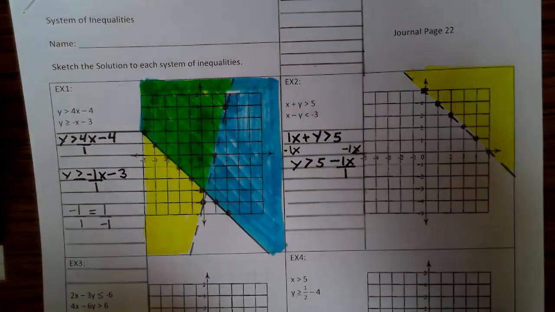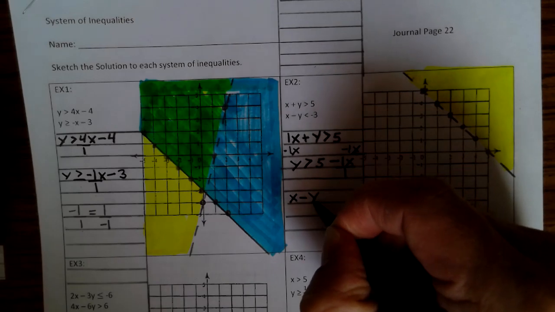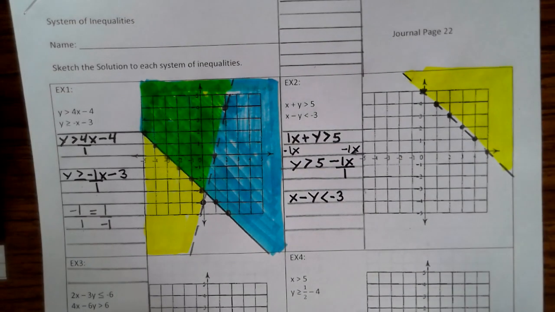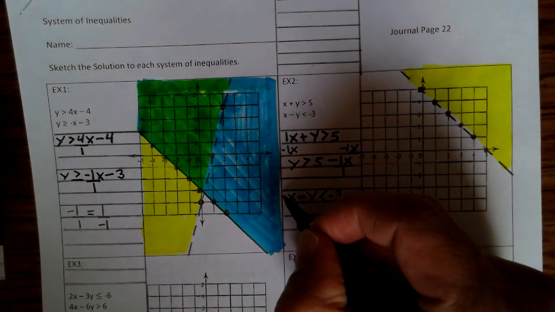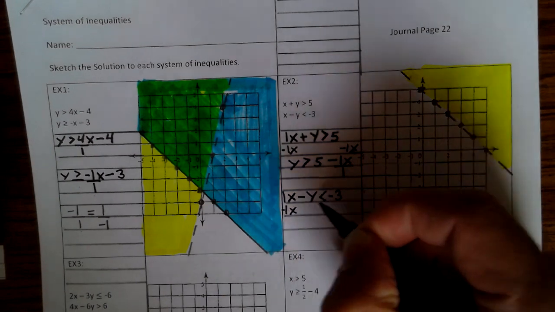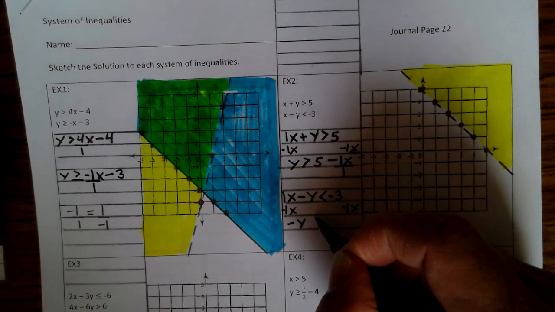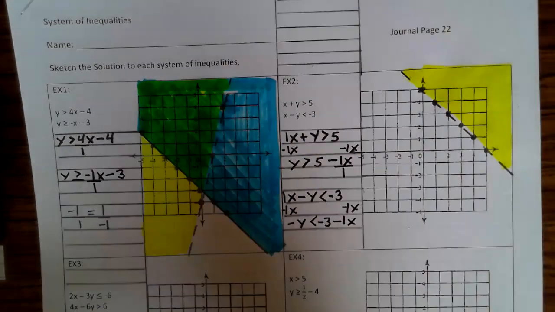Now let's take a look at the next. So we have x minus y less than negative 3. So we're going to subtract 1x from both sides. Get negative y less than negative 3 minus 1x.